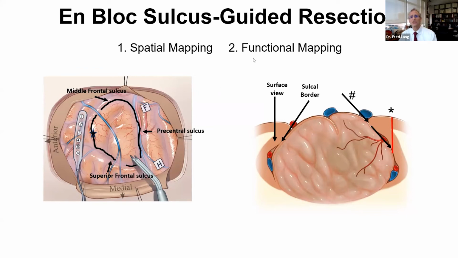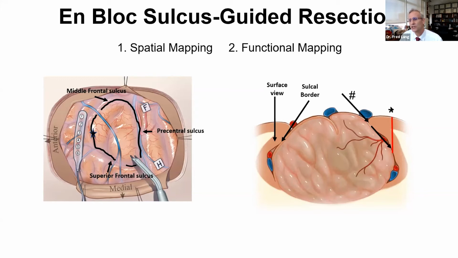The second stage of the surgery is to perform functional mapping. Here, this was the motor cortex, and stimulating this area resulted in movement of the face and the hand. And I'd like to point out that if you use the sulci, many tumors that seem like they can't be removed because the tumor might be in functional brain are actually just part of an expanded sulcus.